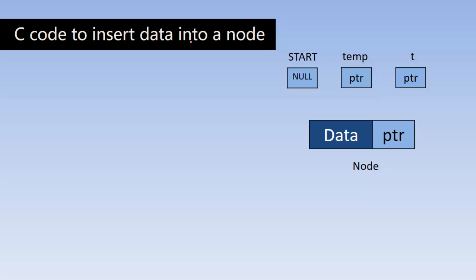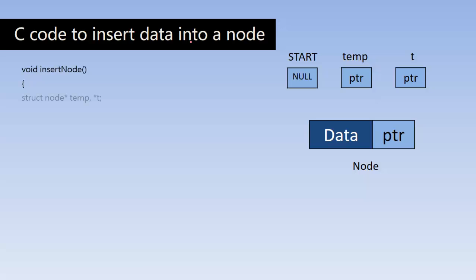So there are two cases when we are going to insert the data into the node. So let us consider all that. This is the insertNode function name, which is going to insert the data into the node. One is insertion of data in the first node, another is insertion of data in the last node.